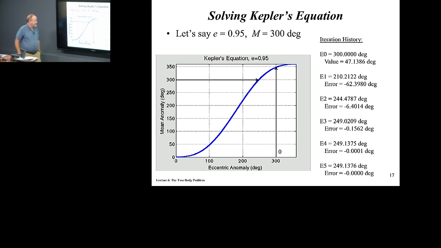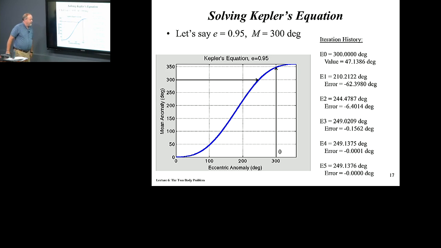And you can see the next iteration, it's even bigger difference. And then finally it does converge. Takes a while to get there, but it converges down, and we finally get down to about the 0.0000 level on iteration 5. And that's taking longer because of the curvature here.